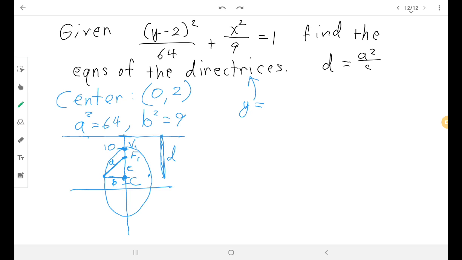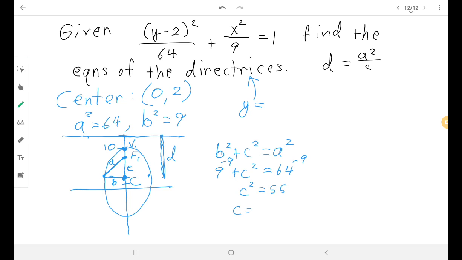So we have to get C first. So I know that B squared plus C squared equals A squared from my picture. And B squared is 9. I don't know C squared. A squared is 64. I'll subtract 9 on both sides. And C squared will be 55.